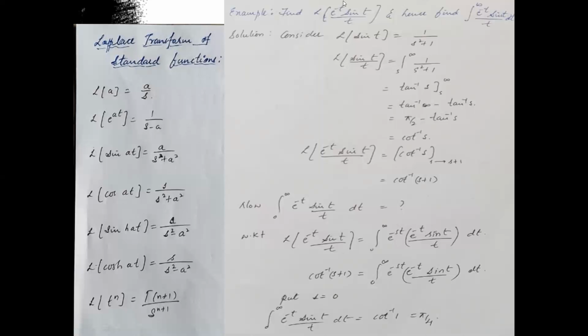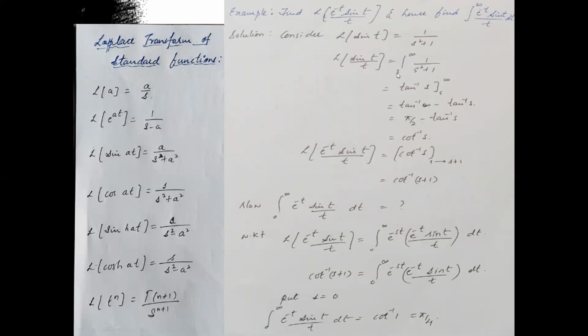So first we'll go for finding the Laplace transform of this. Laplace transform of sin t, it is 1 divided by s square plus 1, because a is 1 here. Then Laplace transform of sin t divided by t, it is function divided by t case. Then whenever we have f of t divided by t, the Laplace transform of the function will be given by integration from s to infinity of f of s, where f of s is the Laplace transform of the function f of t.